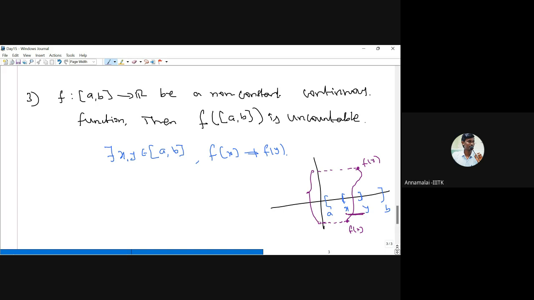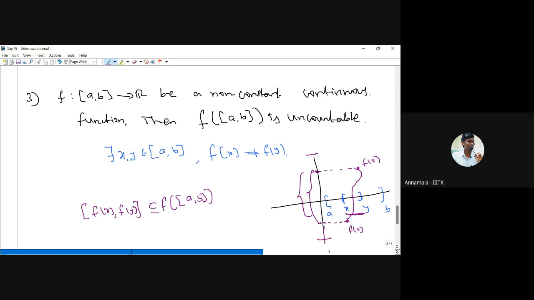So the range of a, b may be bigger than this one. Anyway, f of a, b contains this portion, from f of x to f of y.